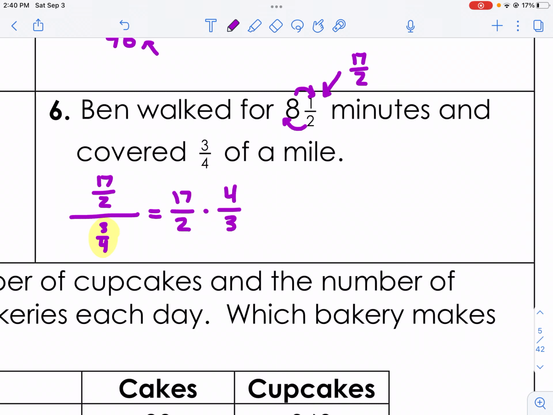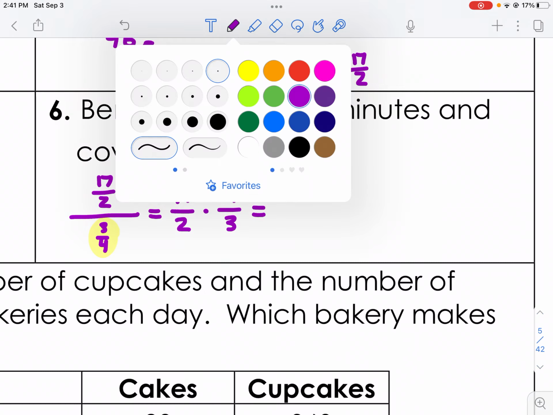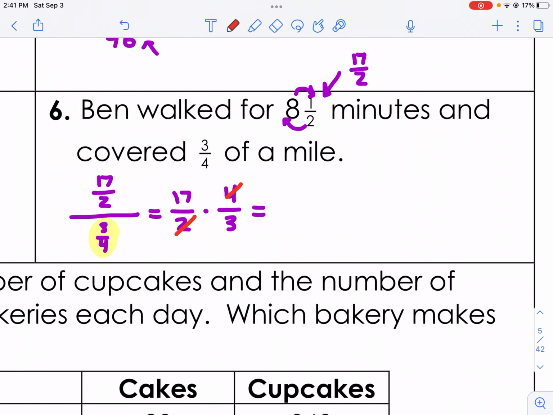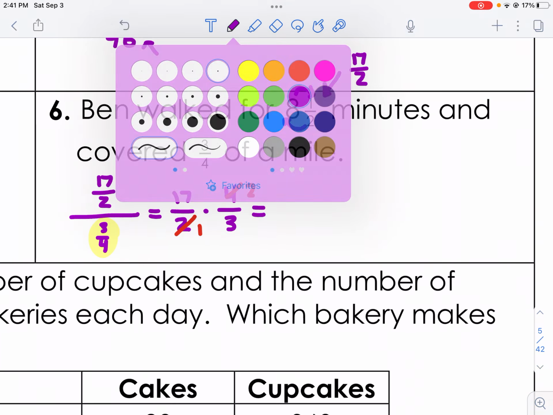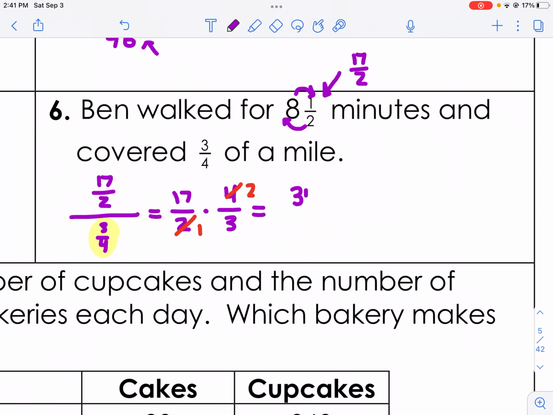So division becomes multiplying as long as we flip the bottom fraction. Now what we can do is do a little bit of canceling, or we can multiply and simplify. 4 up here and 2 down here, I can divide each of those by 2. And what that does is it gives me an answer of 34, because of the 17 times 2, over 1 times 3.